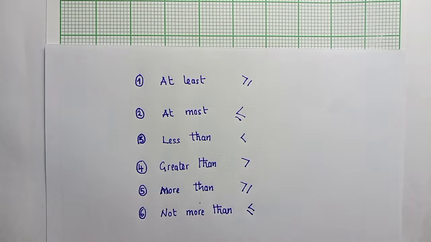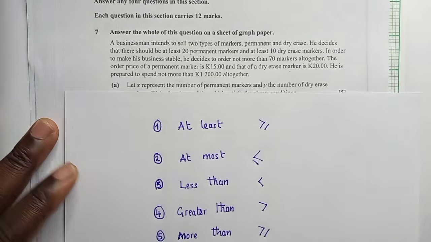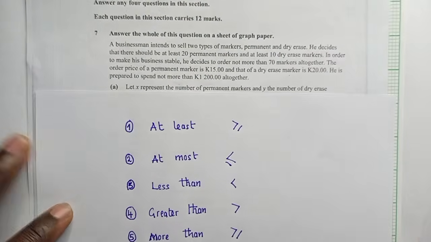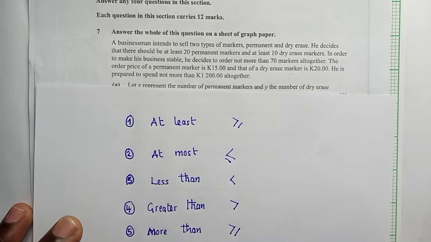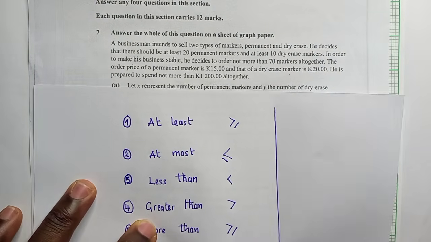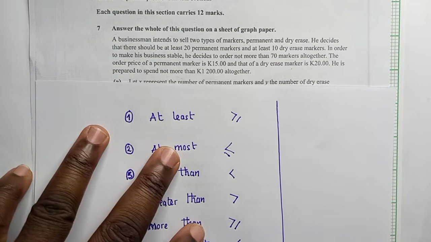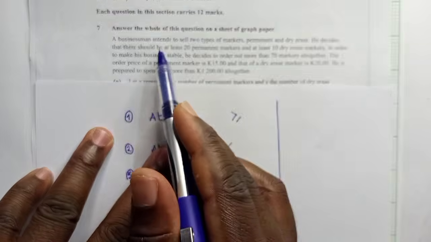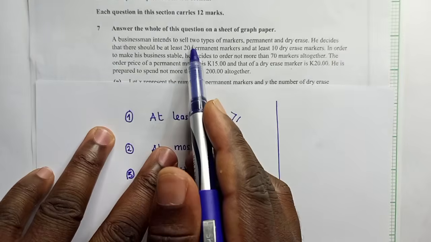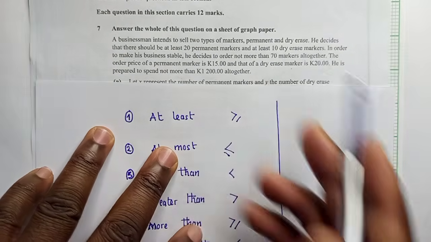Now let's go back to the question and put the terminologies here so that it becomes easier for us to identify. We'll cut here and use this side to identify the inequalities. The question says a businessman intends to sell two types of markers, permanent and dry erase.